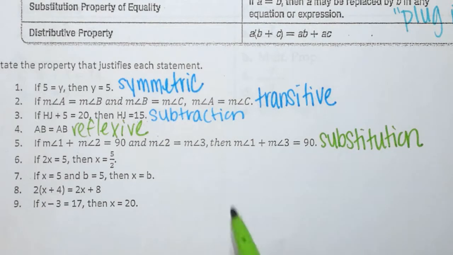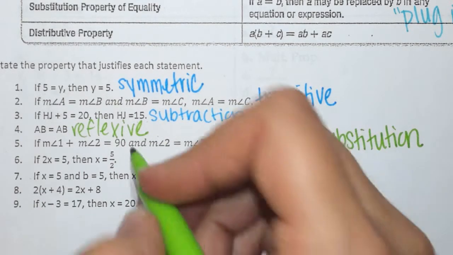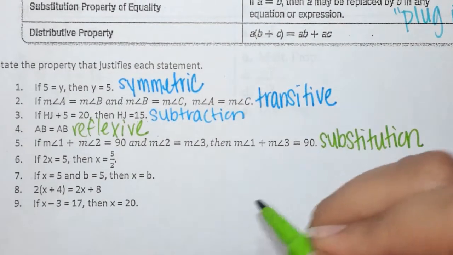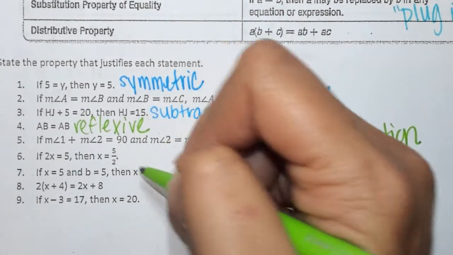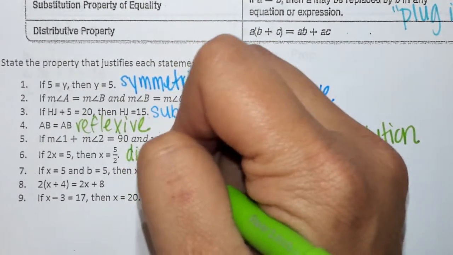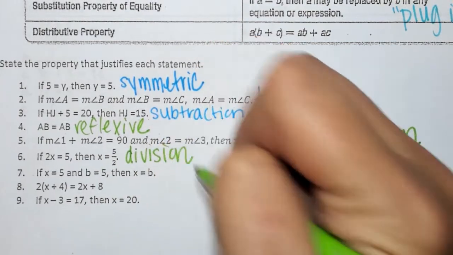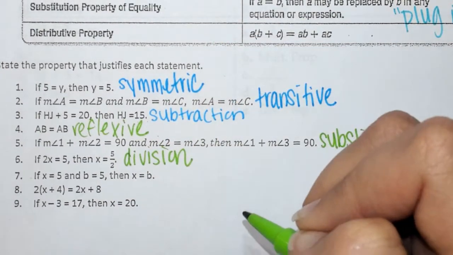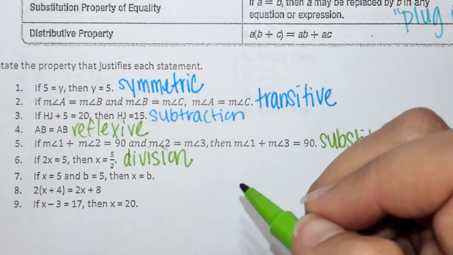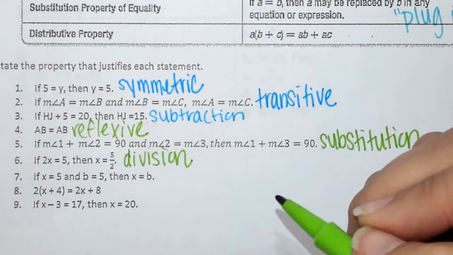Alright, what about number 6? What did they do? Division. They divided, so it's the division. If they multiplied, it would be the multiplication. What about number 7?